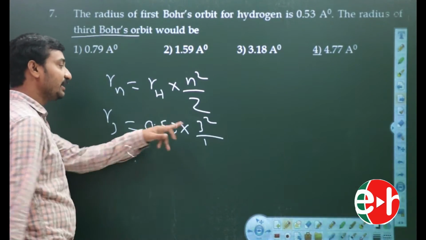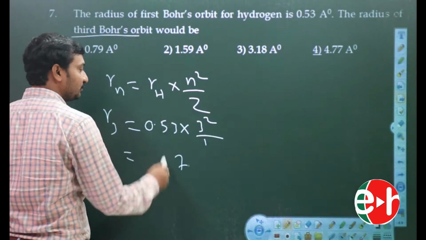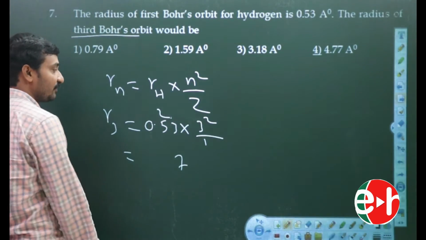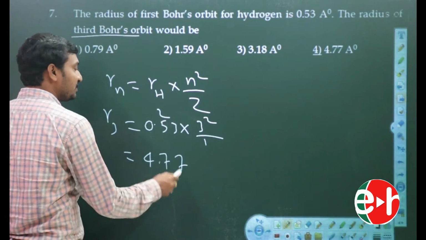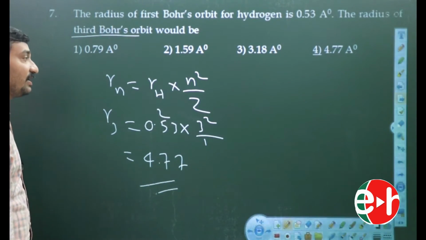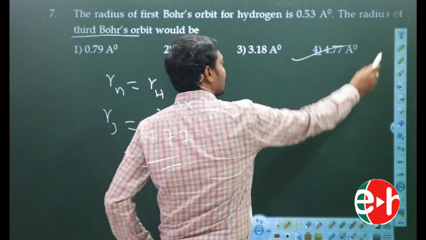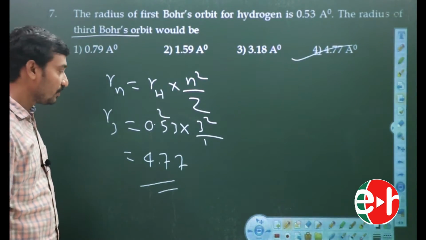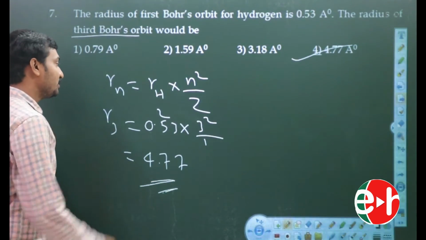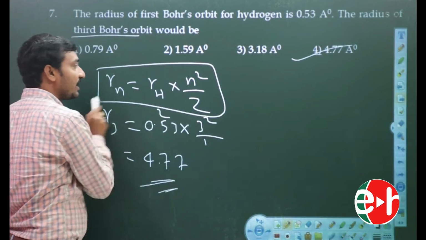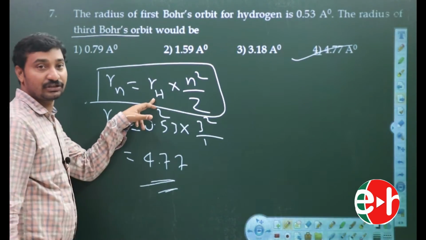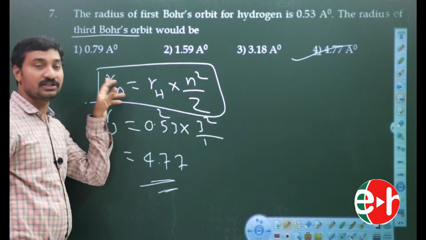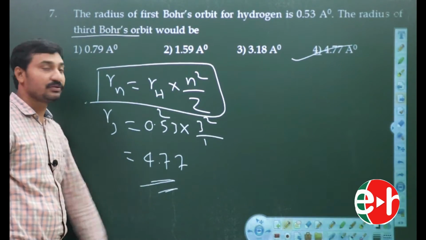So 0.53 into 9: 9 3s are 27, 9 5s are 45, 45 plus 2, 47. That means 4.77 angstrom units. Hence the fourth one is the right answer. This is the general formula, Rn is equal to RH into n square by z.